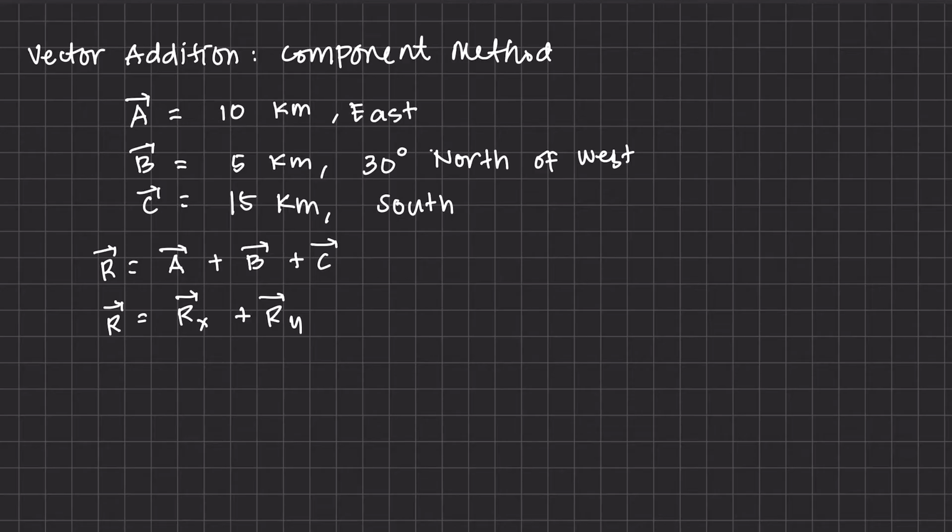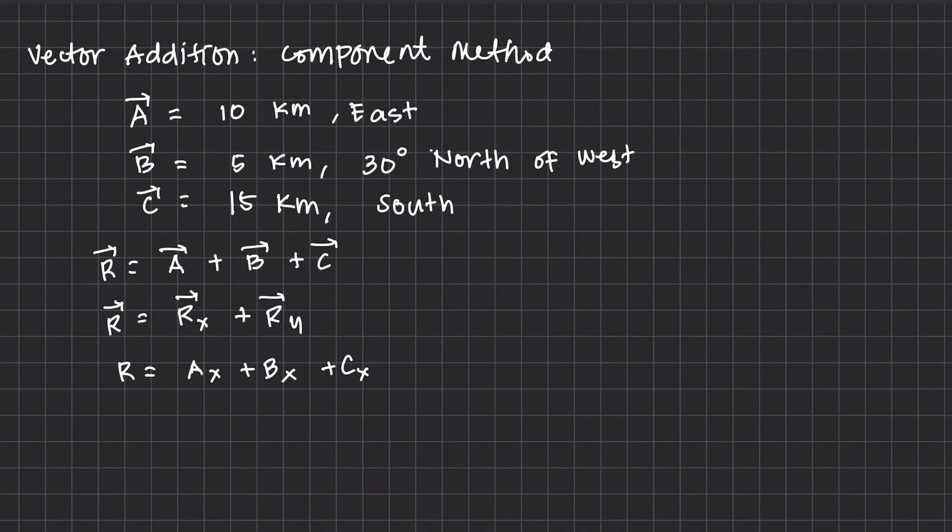Or in terms of magnitude, for the X component we have Rx is just equal to Ax plus Bx plus Cx. Or you just have to sum all the X components of your 3 vectors.